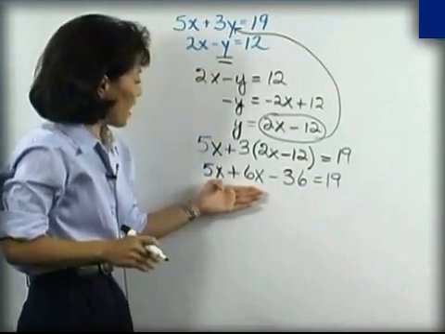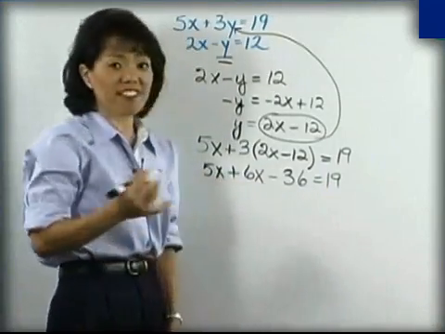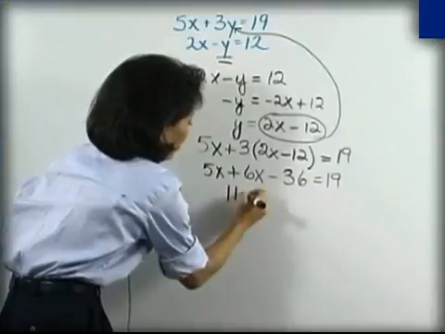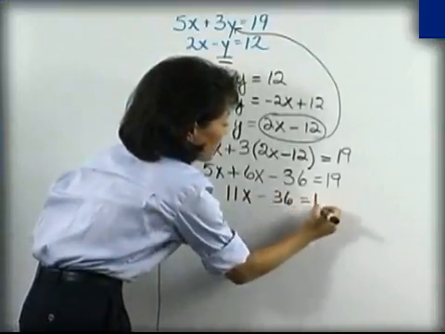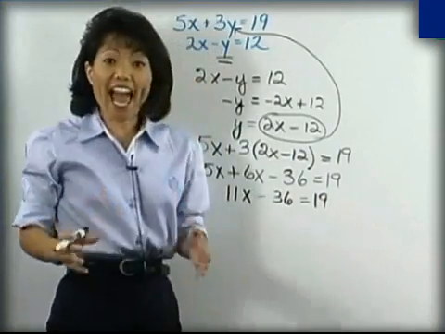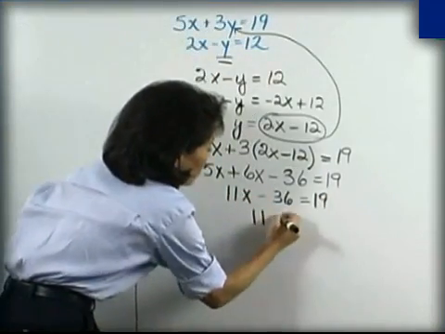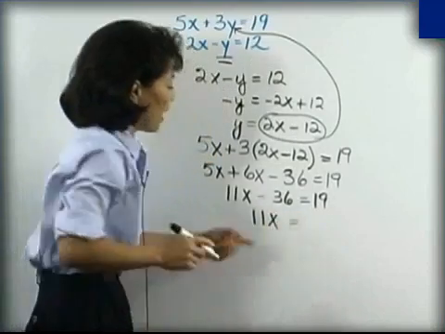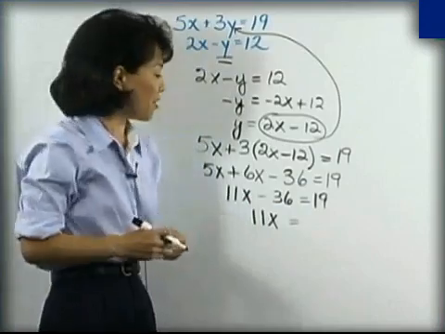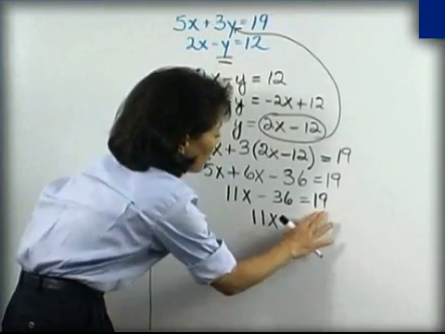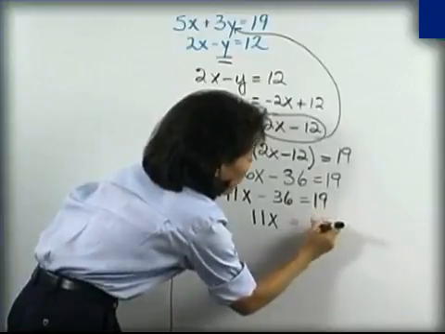On the left-hand side, now what I'm going to do is collect like terms. 5x plus 6x, 11x, minus 36 is equal to 19. Now I'm going to add 36 to both sides of my equation. 11x is equal to, when I add 36 to the left-hand side, negative 36 plus positive 36 is 0. And when I add 36 on this side, I'm going to get 55.